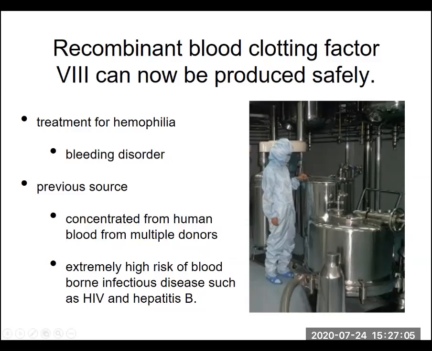These are basically big vats filled with the equivalent of soup with bacteria growing in it. The bacteria are feeding on that soup, producing lots and lots of bacteria. And as those bacteria are growing, they're also producing the blood clotting factor. We can isolate that, purify it, and use that for treating patients.